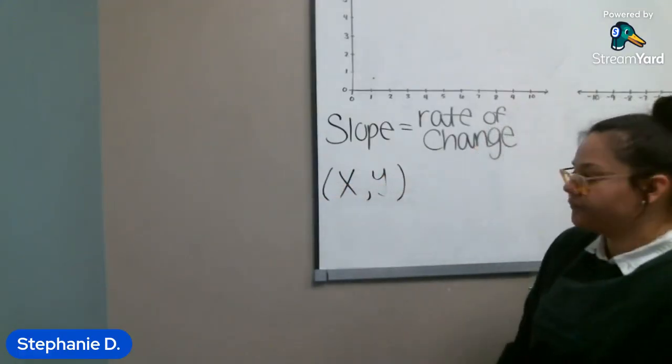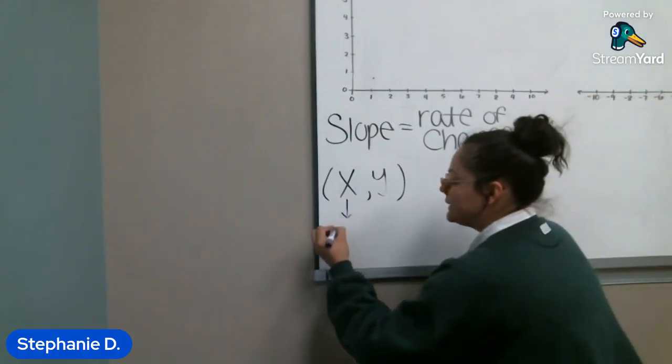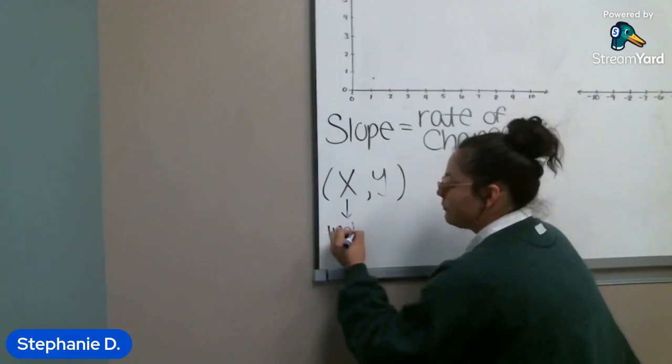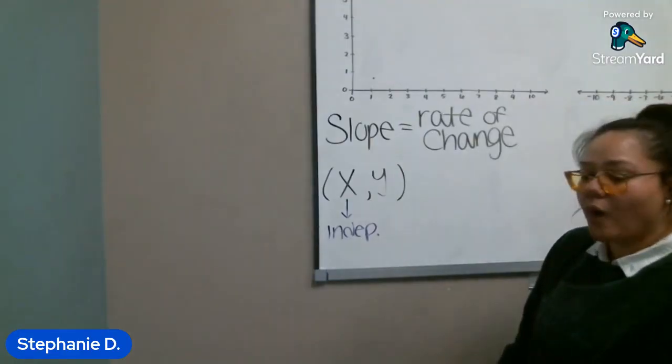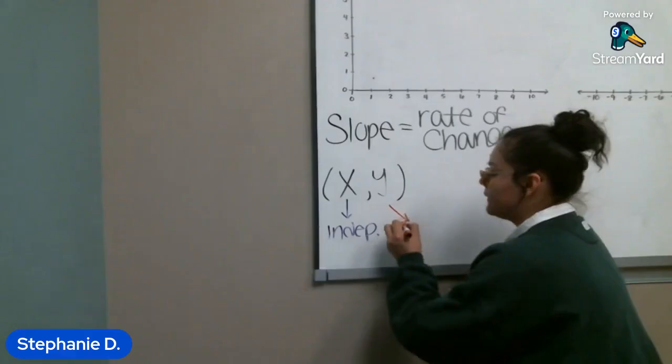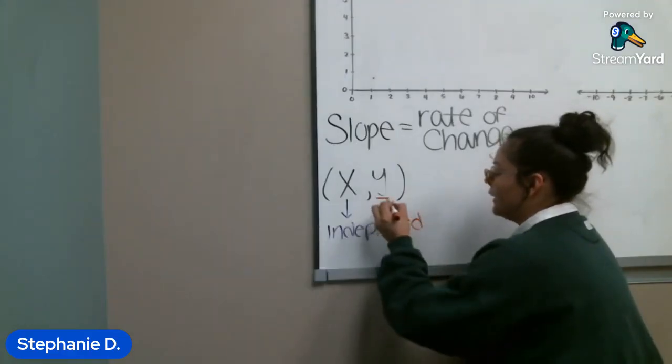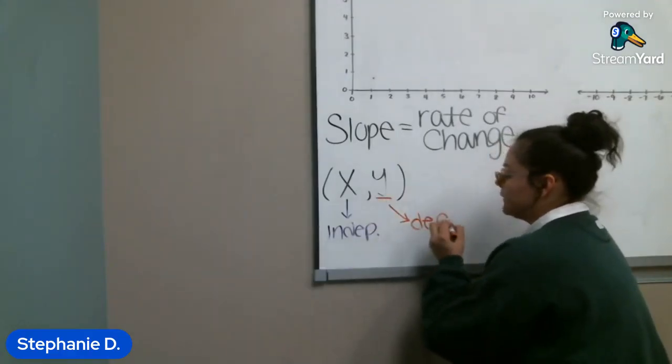As we already know, x is independent, and then we have our y, dependent.